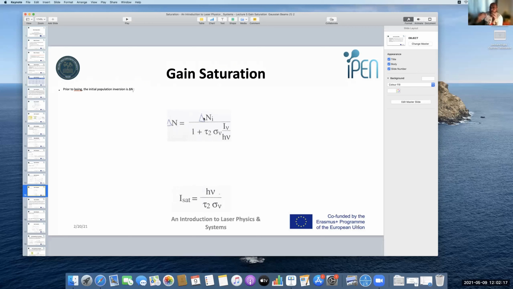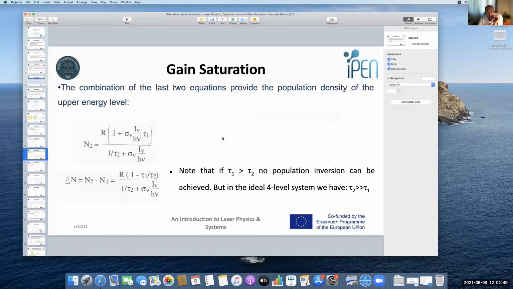And this is the time it takes for the system to drop by 37% of its initial charge during the discharging of the capacitor. The same is here. So we used to say that our laser beam is built when this value goes from 0 to this value, and at this moment my population inversion has dropped to 50%. But remember, this is not the threshold.